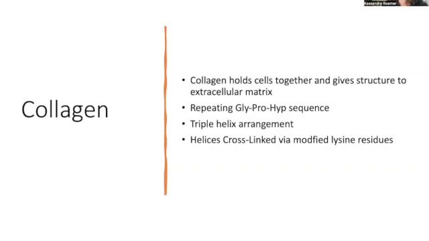This is because every 3rd residue in the helix, so collagen's subunit is a helix, and every 3rd residue, which is in the center of the helix, must be glycine in order for the helix to form properly. Besides that, it is usually a repeating glycine, proline, and then a modified proline residue sequence, and then it arranges in a triple helix arrangement. And then multiple helices are then cross-linked together via modified residues.